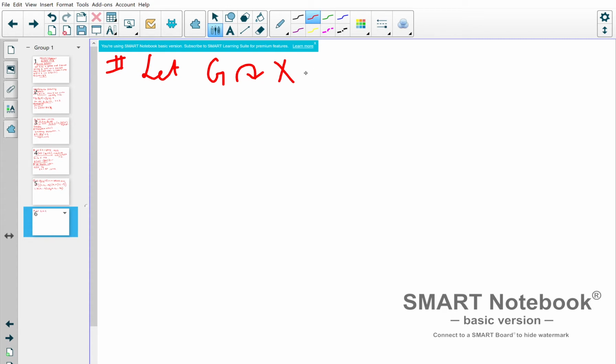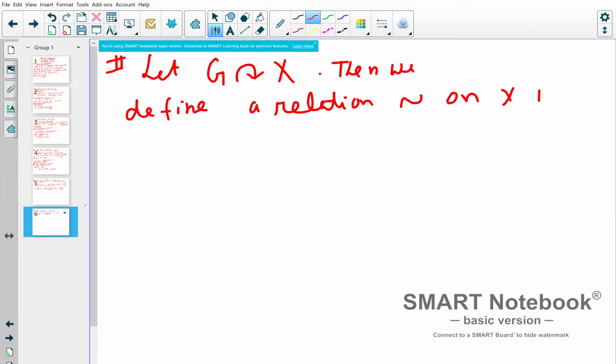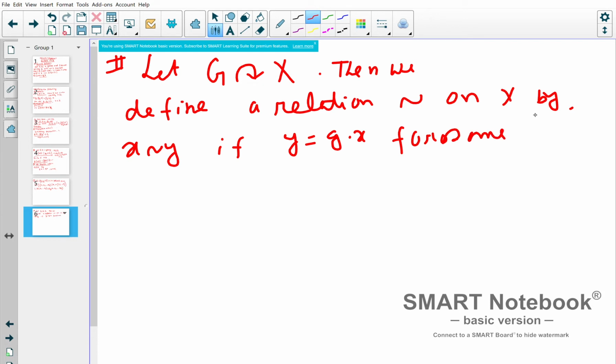That means you have a map from G cross X to X. Then we define a relation, say tilde, on X by this: we say that x is related to y if y equals g dot x for some g belonging to G.